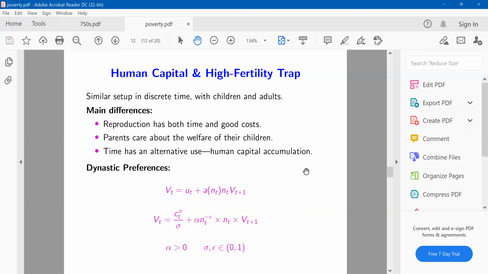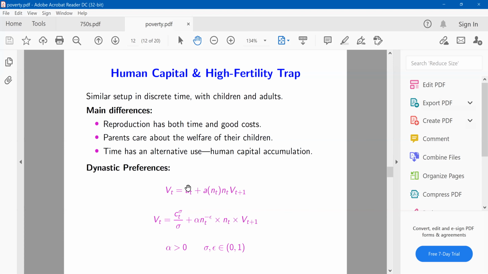All right. So how do we model these things? Well, we're going to introduce dynastic preferences. This is important because next week we're also going to study models with dynastic preferences, so it's better you pay attention to this one. Here, t denotes generation t. Generation t utility is denoted by V_t.